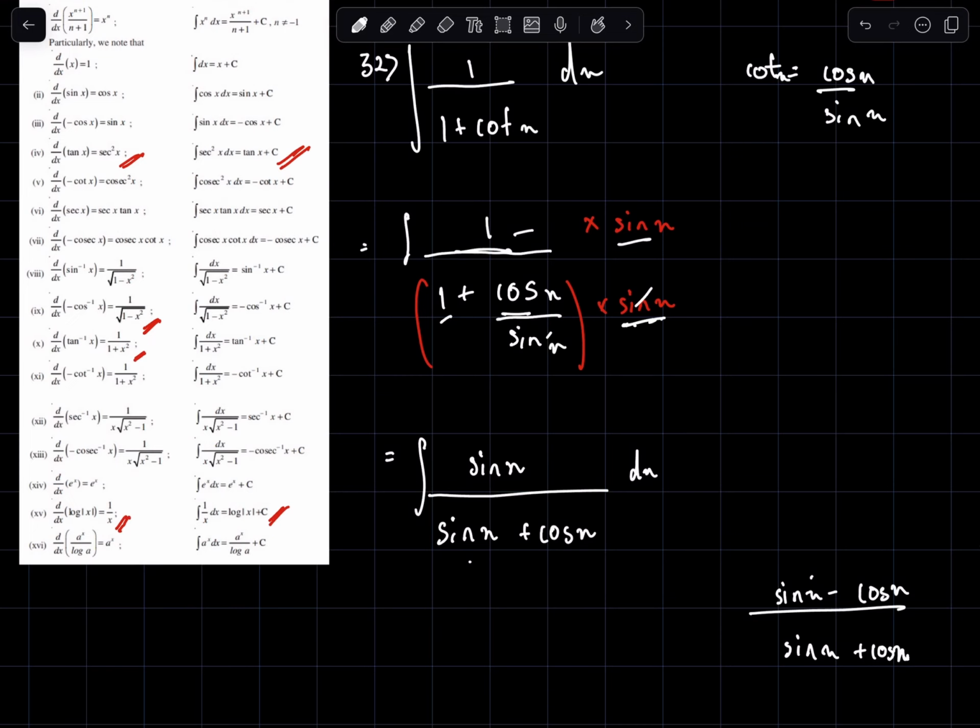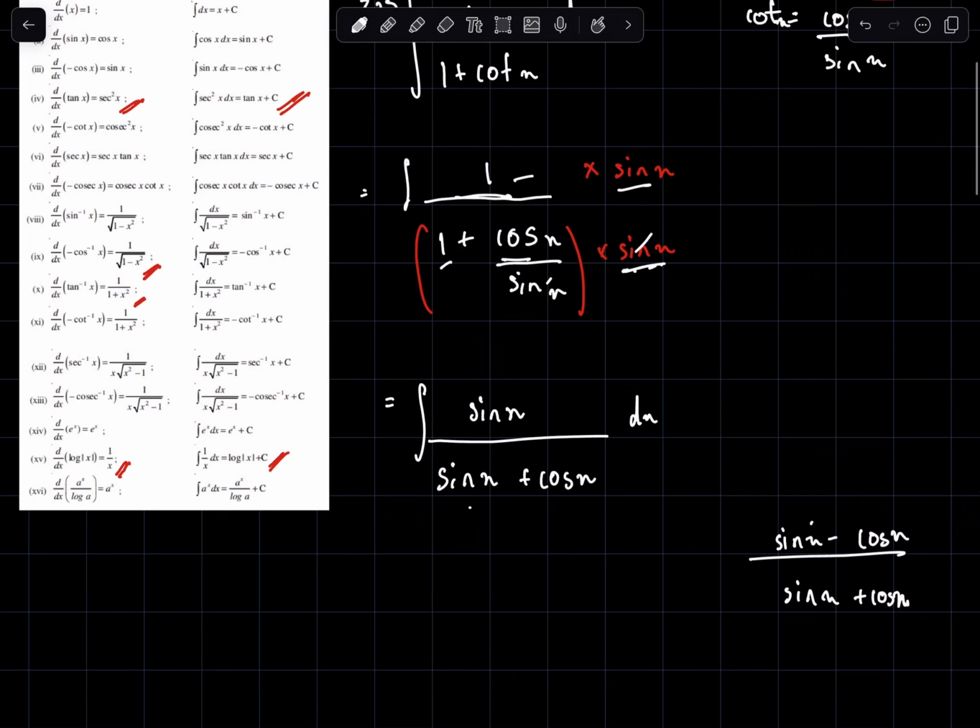That's all you need. And the same thing the other way: if the denominator is sine x minus cos x, by the way, the order doesn't matter whether cos comes first or sine comes first, then on the numerator you want cos x plus sine x.